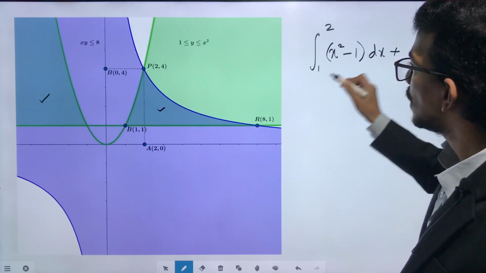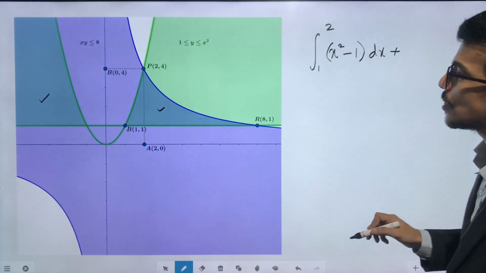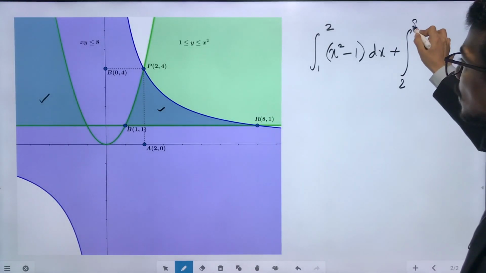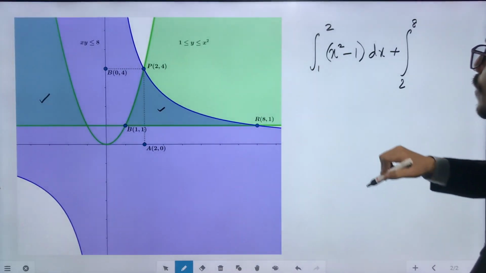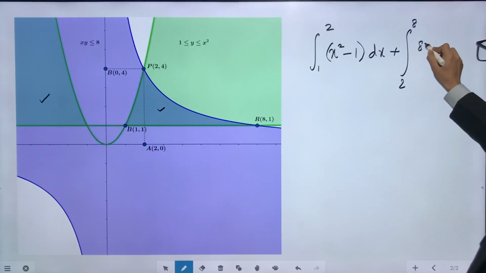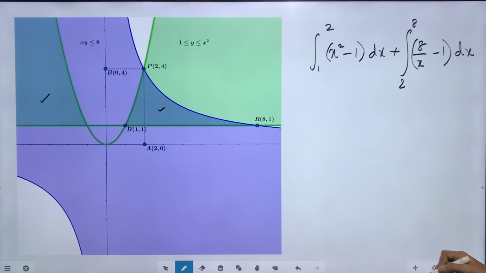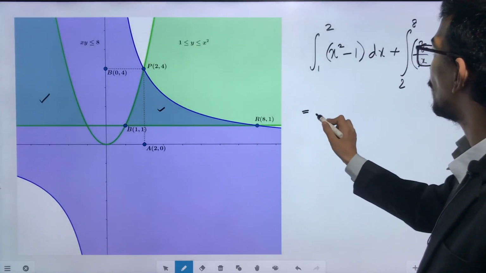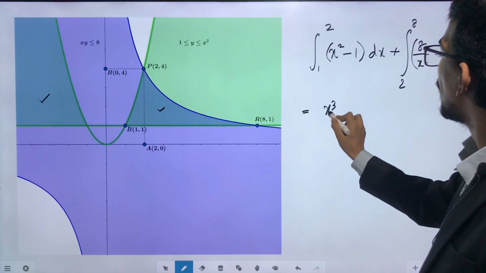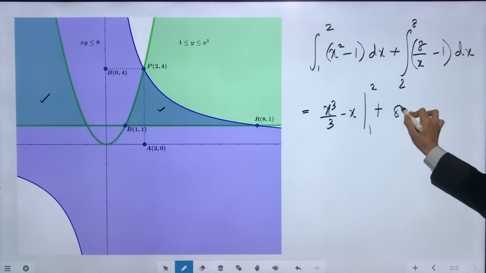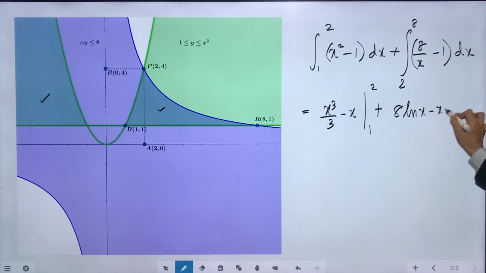Plus the second part of the area is integral from 2 to 8, the upper curve is 8 by x minus 1 dx. So this is going to be x cube by 3 minus x from 1 to 2 plus 8 log x minus x evaluated from 2 to 8.